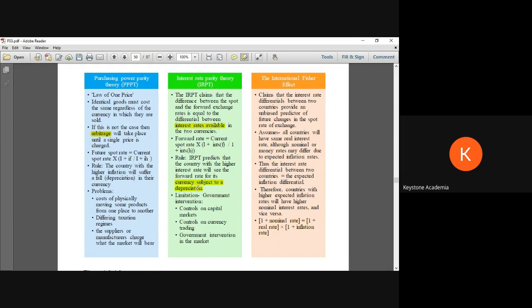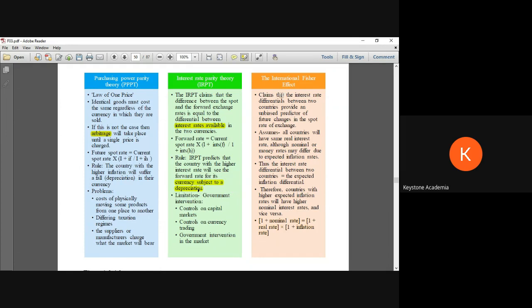But obviously we cannot depend 100% on that, because of government intervention. If the government wants to keep their currency high, they can do that. If the government wants to reduce their currency value, they can do that. But imagine the government is not intervening, everything is happening naturally, then definitely it should be according to the interest rate. Again, it will give us some close idea.